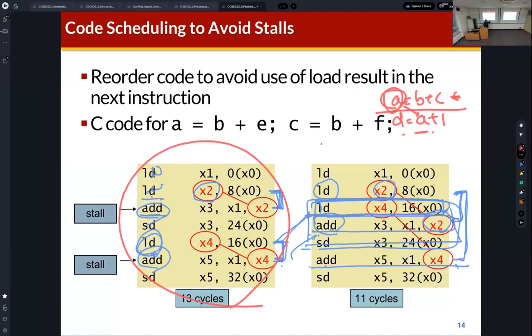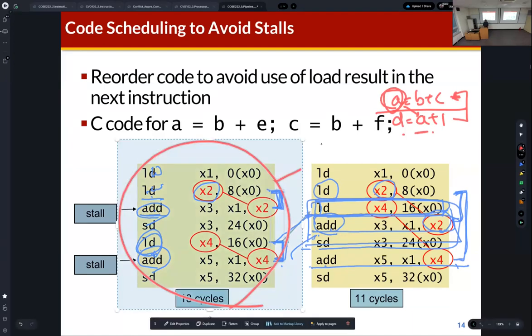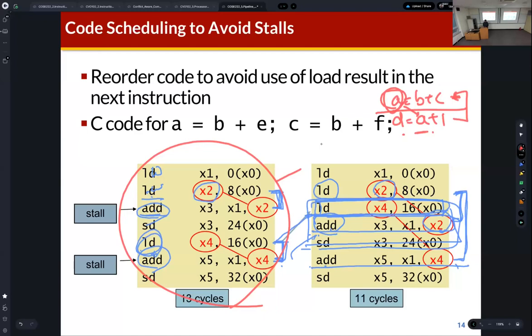So we cannot change the order of these dependent instructions. But if the instructions are not dependent on each other, then we can change the orders. So compilers can change some orders of instructions, and then we can avoid the data hazard in this case.